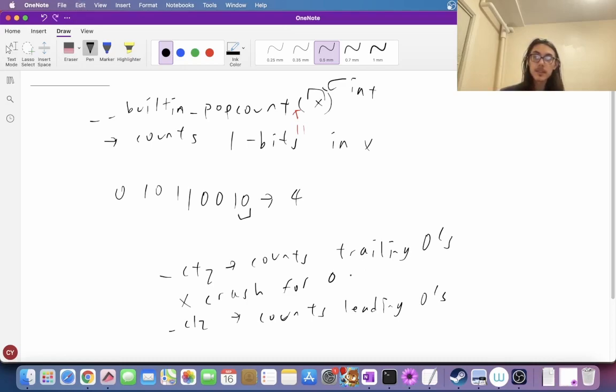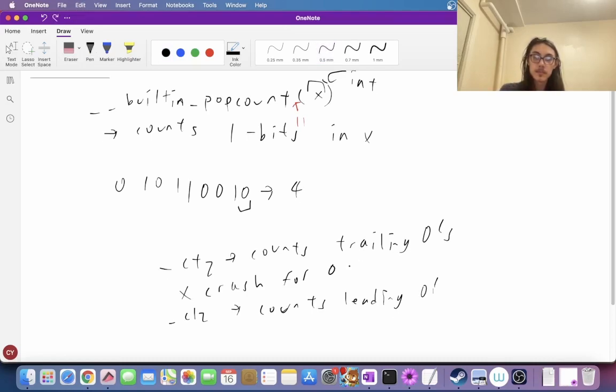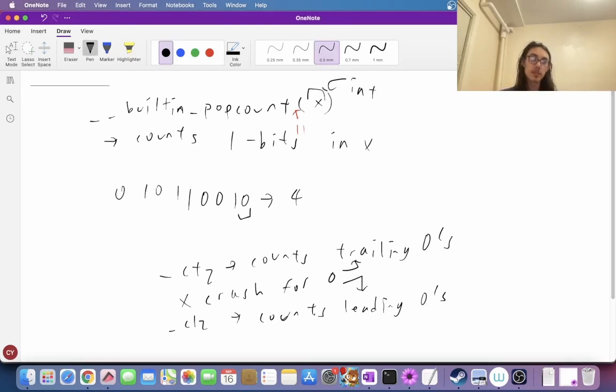And the reason popcount is annoying and will force you to convert to int is because these built-in operations depend on that, or rather specifically counting leading zeros. Because suppose I have the number 1 and I want to count the leading zeros for it. Well, that entirely depends on the number of bits in the integer.